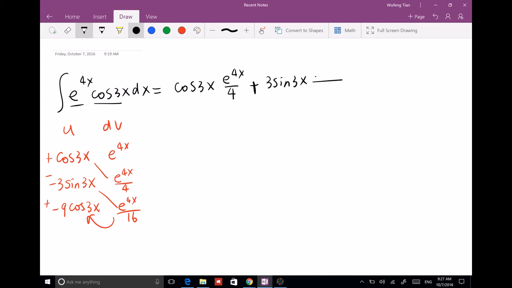Okay, and so continue. We did a 4 here in this one. 16, right? Because it's this two.